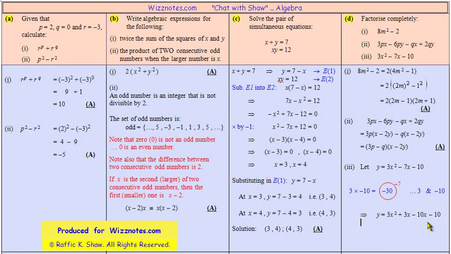Alright, so we have y equals, the common factor in this part is 3x, so 3x squared divided by 3x leaves us with x, and 3x divided by 3x leaves us with 1. So inside the bracket here now is x plus 1, and then because we know we want to have x plus 1 in the bracket over here as well, we know we have to factorize a negative 10 out of this.